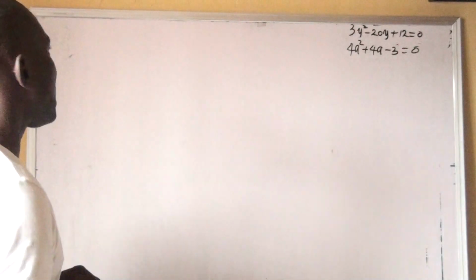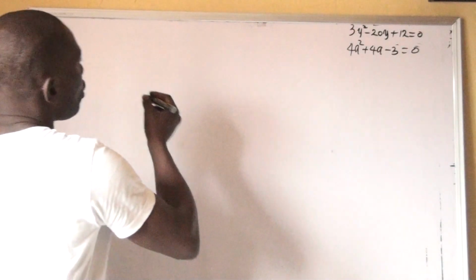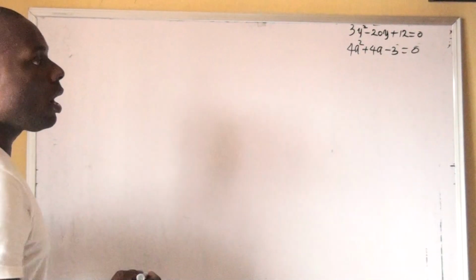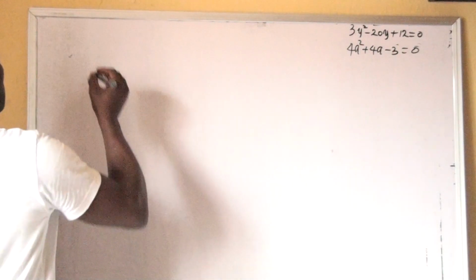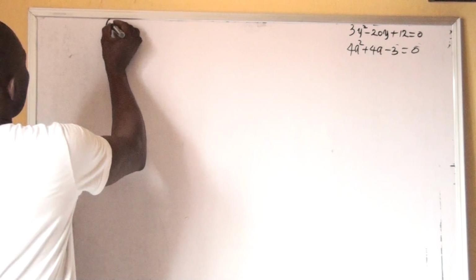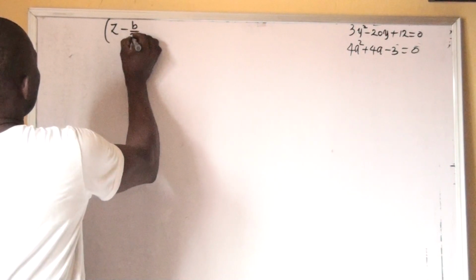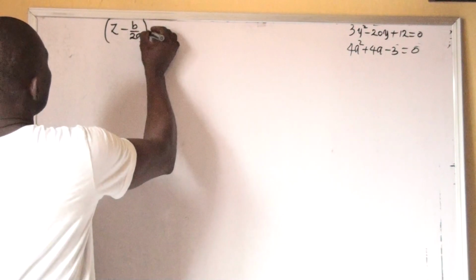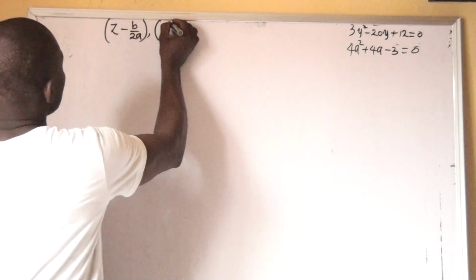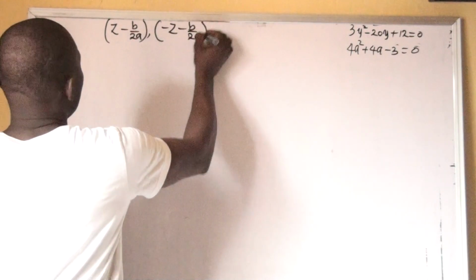In that class he made it clear that it is possible to solve a quadratic equation using the averaging method. The roots of the equation become z minus b over 2a, that's one root, and the other root becomes minus z minus b over 2a.